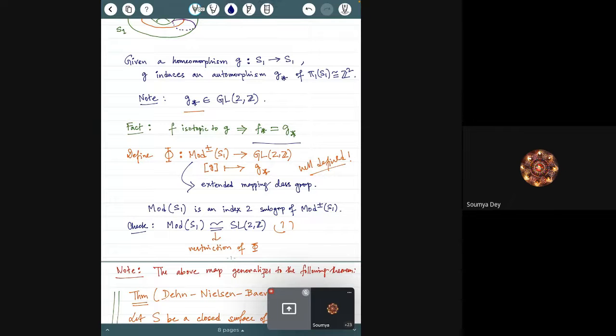So you're saying both definitions are giving us the same thing, right? On the case of torus, yes, because the fundamental group is abelian. So even if they are conjugate, there is no inner automorphism.